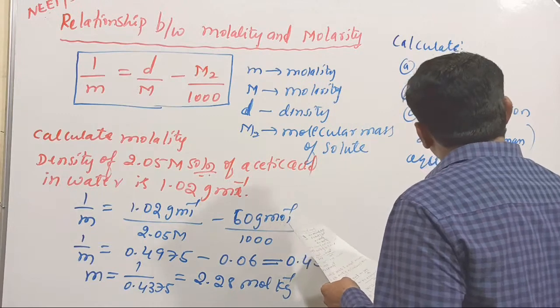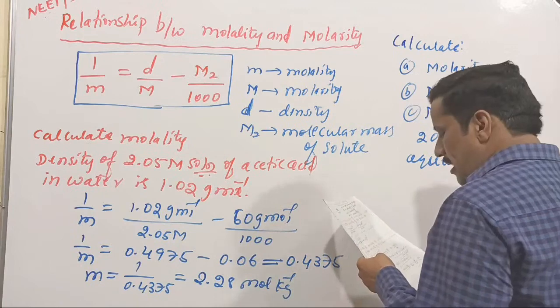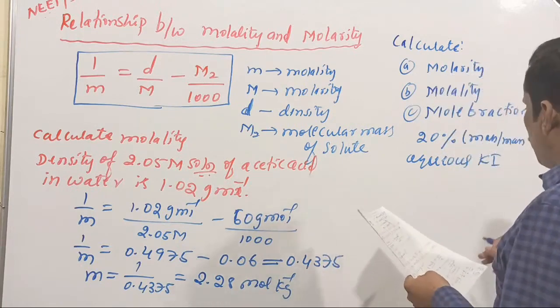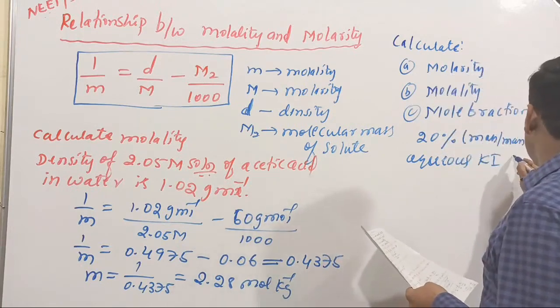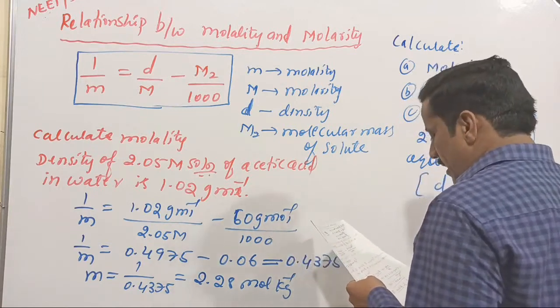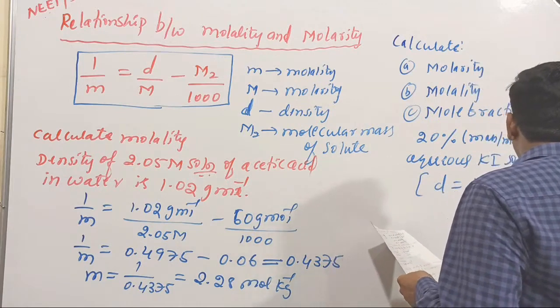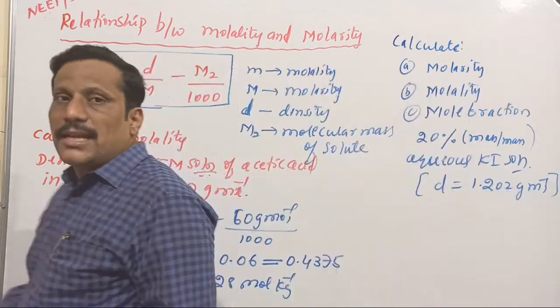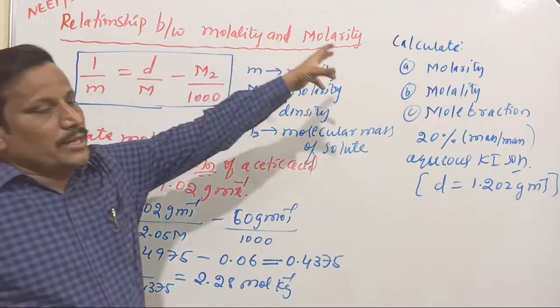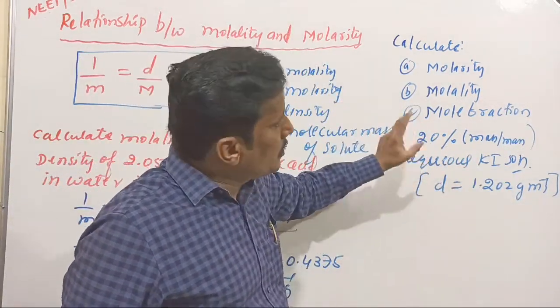Aqueous potassium iodide solution. The density d is 1.202 gram per ml. Question is like this: they have given a 20% mass by mass potassium iodide solution.